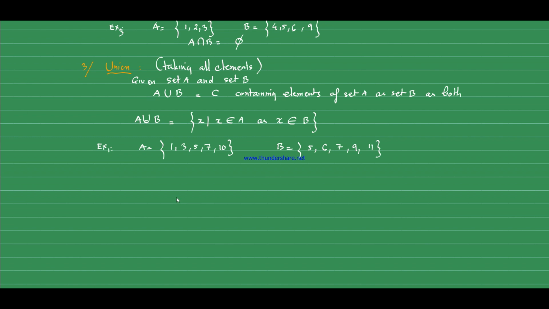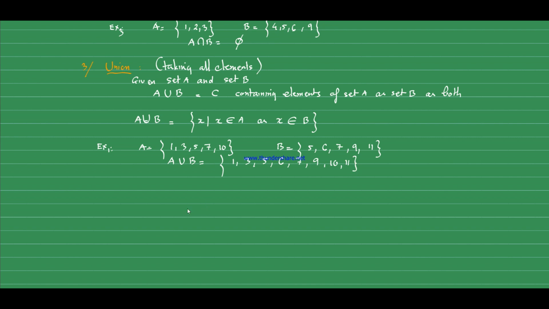So I can find A union B. We're going to take all the different elements. If an element is repeated, we just take one. It doesn't matter if it's in A or B, we take them all. So we're going to take 1, 3, 5, 6, 7, 9, 10, 11. There you go. That's how you find union.